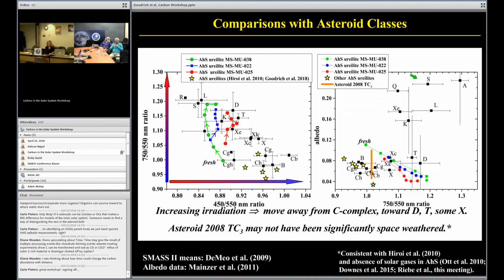There's some CV-like material, most of it is CM-like, and some of it looks like shocked graphite. So that implies you're getting material from multiple sources, which in turn implies that whatever is the source body of this was something large, able to sweep up material from multiple originators.